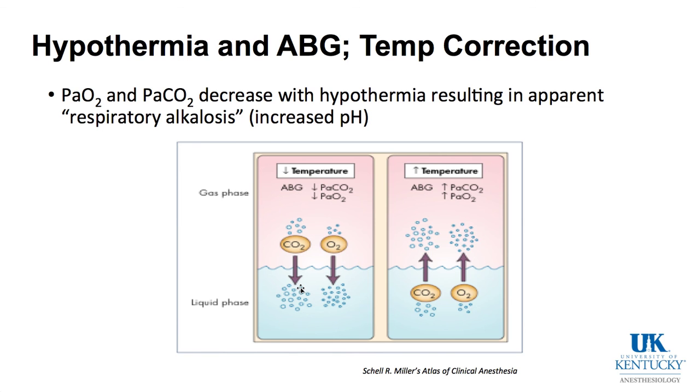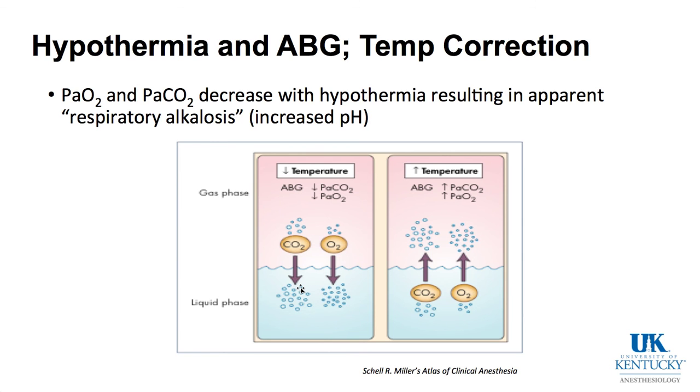And in fact, when you get down in temperatures of the 25, 28 degrees that are sometimes used during cardiopulmonary bypass, you can see very high pHs up to like 7.6 or so, and CO2s that are very low. So with temperature correction, CO2 and oxygen partial pressures decrease with hypothermia.